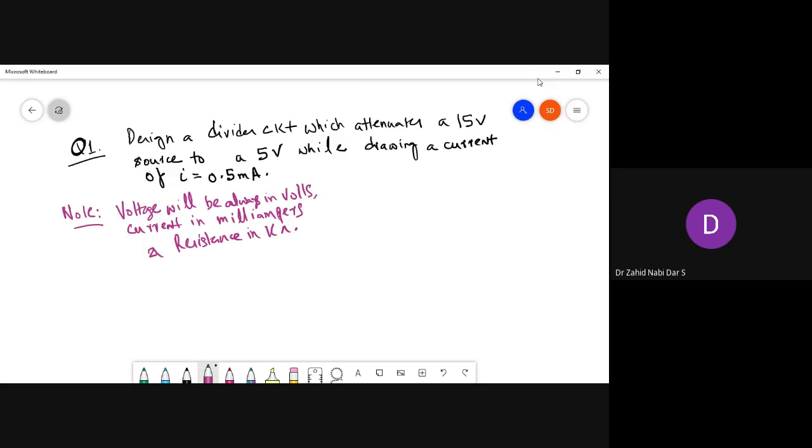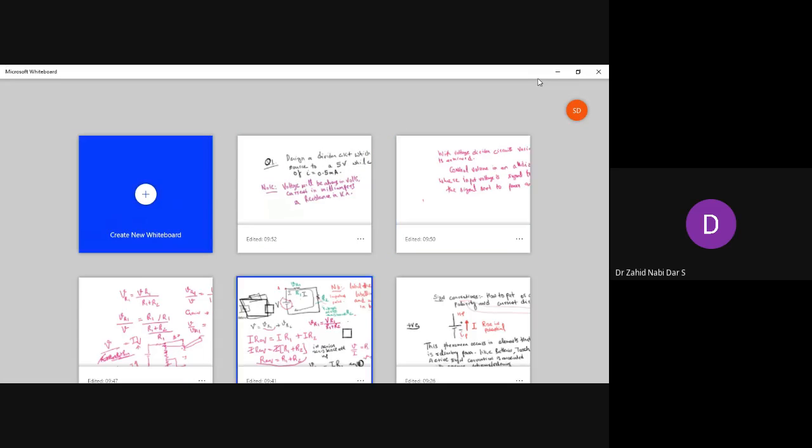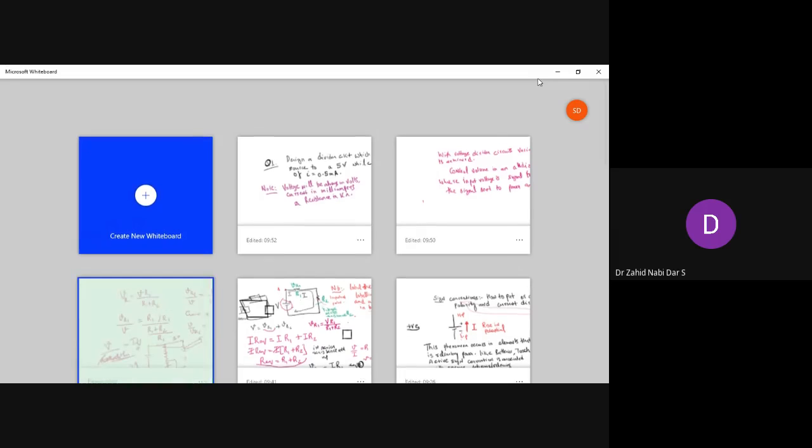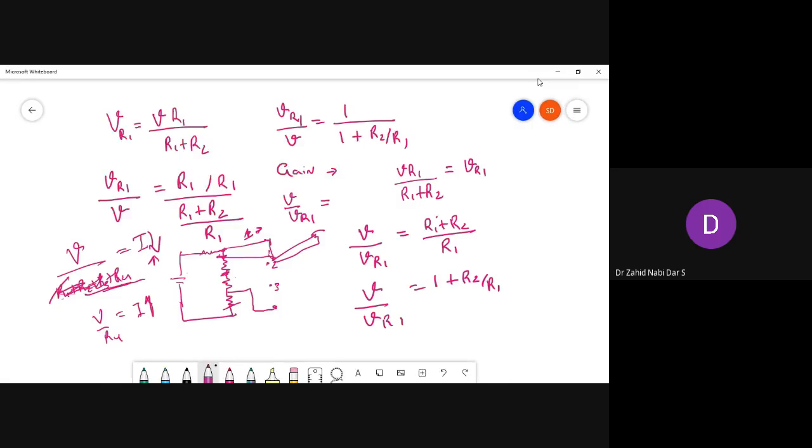See, how do you go about it? If you see the ratio, I have shown you one equation here. Where is it? I think yes, here. So here you saw an equation where V by VR1 is equal to the gain.